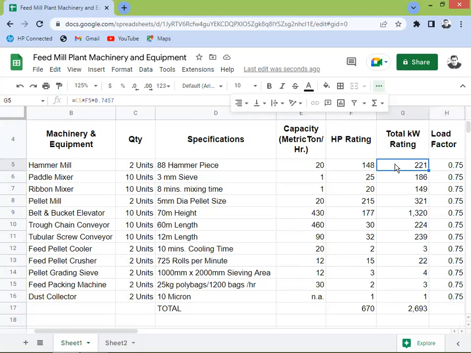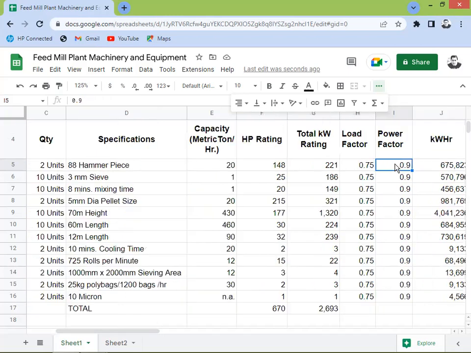Okay, if not, then you have to convert to kilowatt rating. Then you have to include the load factor and the power factor. The load factor could be 80%, it could be 85%, depending on your operation. You have to find that out from your engineer, from the utility engineering department.